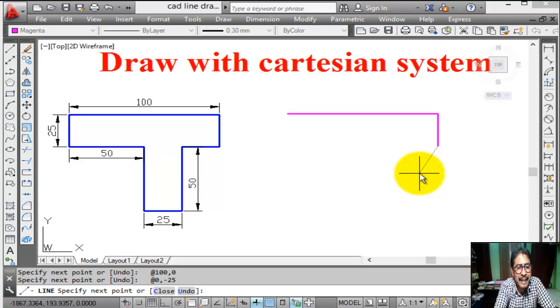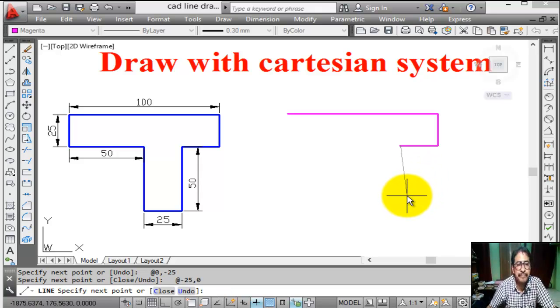Next point, coordinate in the Cartesian system @ x minus 25, y 0, enter. Okay.